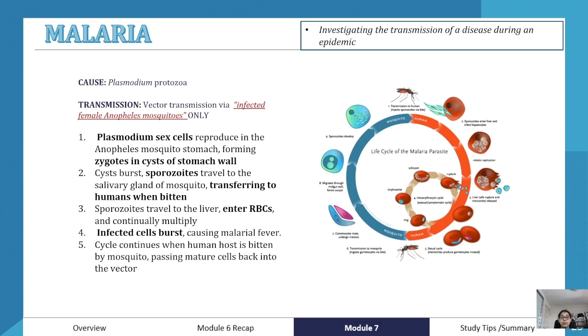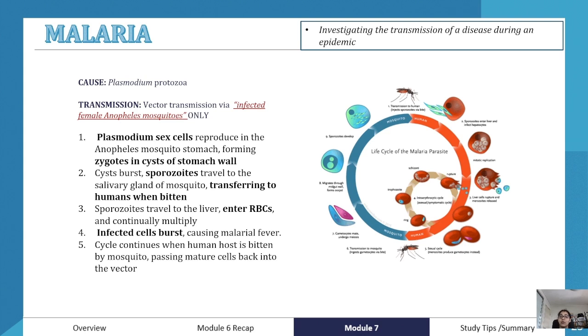The Plasmodium protozoa is found in the gut of female Anopheles mosquitoes, and it transmits via vector transmission. So it transmits when an infected female Anopheles mosquito bites a human, and once they've bitten a human, the protozoa, the pathogen, is transferred into your body.